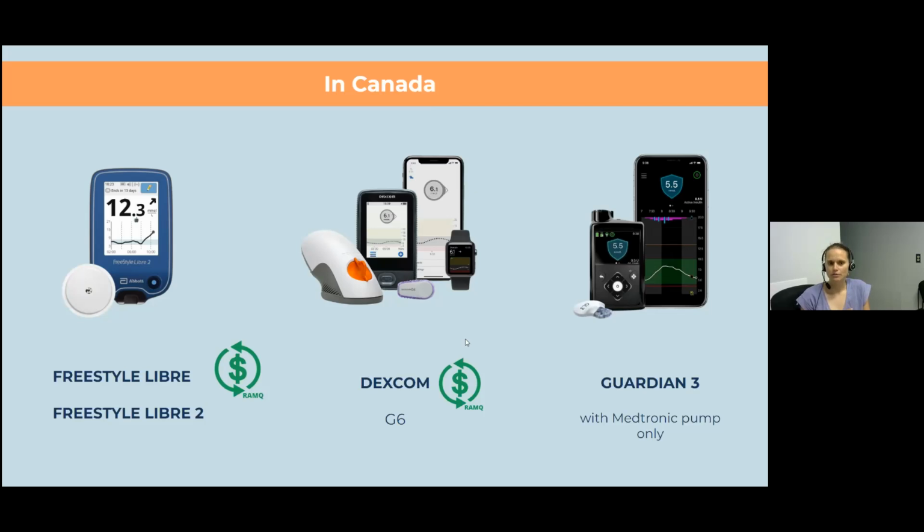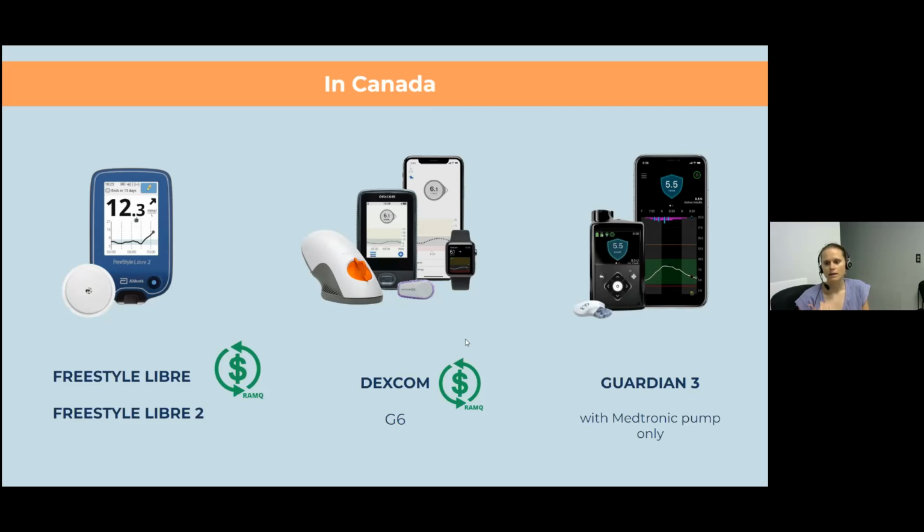What's special about the Freestyle Libre is that it is a flash monitoring system where you have to take either the receiver or your phone and bring it up to your arm to connect with the sensor in order to see a glucose value.